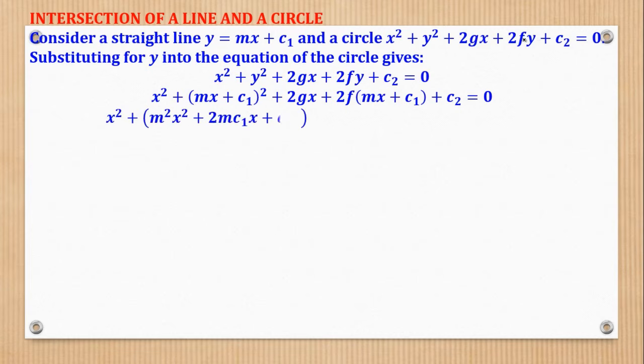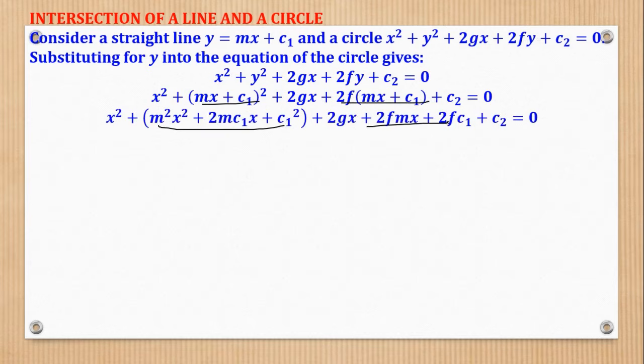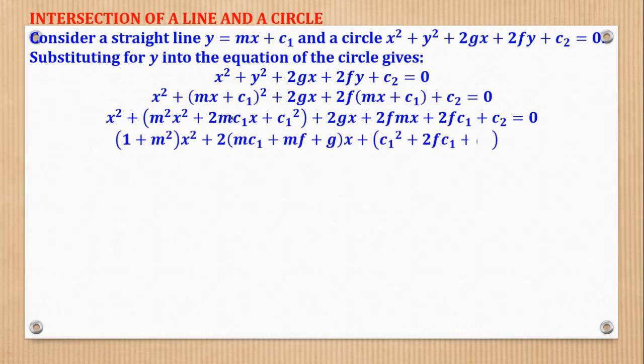Then when I expand, this gives me that, and this gives me that. Now next is to rearrange and collect like terms: x squared alone, x alone, and constants alone.